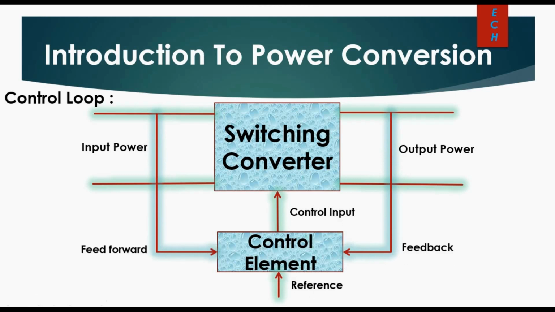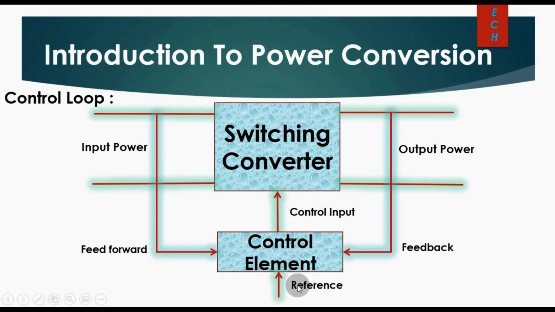It controls the source power, or the input power. So basically this is the role of control element. Then based on your input power and output power, it alters the switching frequency and the duty cycle of your switching converter.